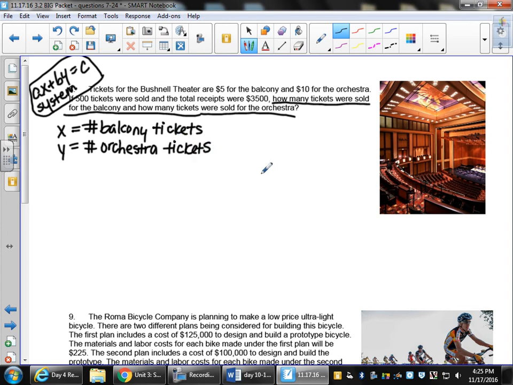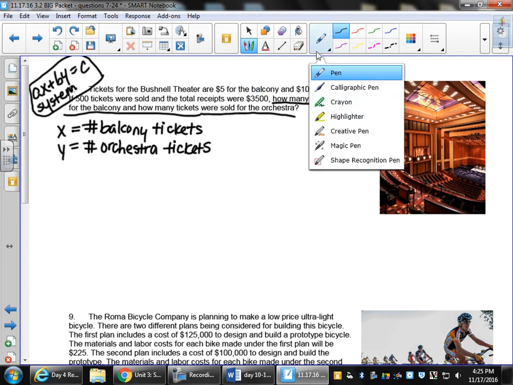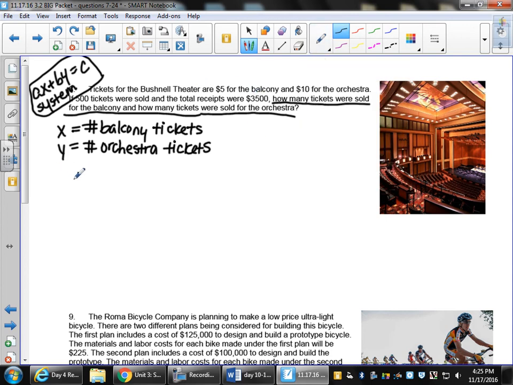Now that we have our variables defined, let's go get some information. We need to mentally group what goes together. So when I read this again, I clearly see information about cost. So I'm going to write cost, and I'm going to make that yellow. Highlighters help. $5 for the balcony and $10 for the orchestra. So this is money, money.